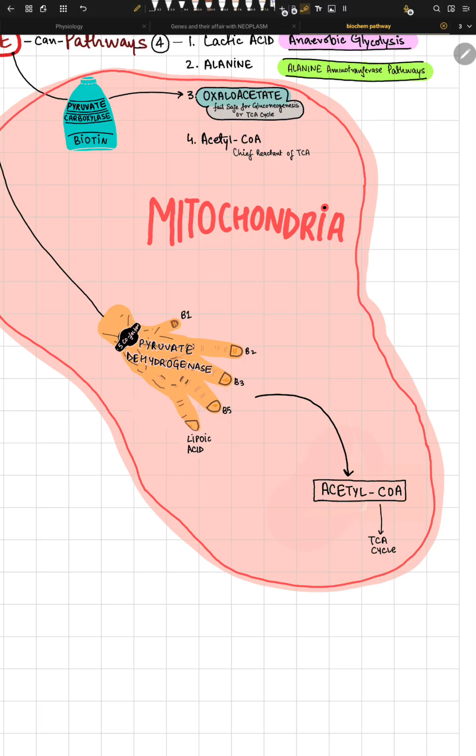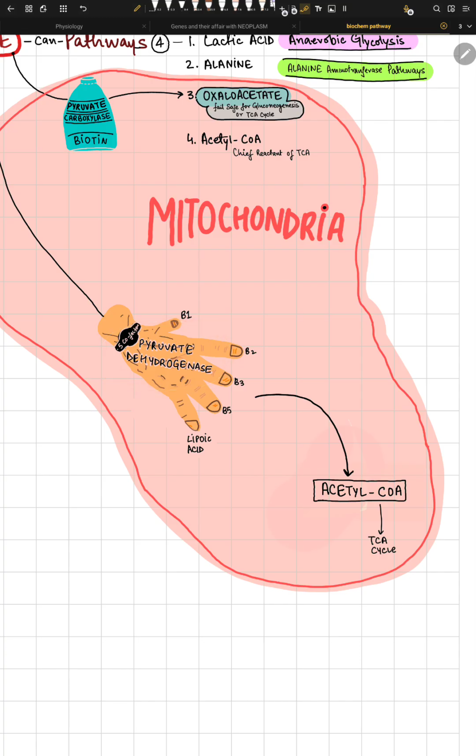For example, I can tell you about lipoic acid. It is one of the most important cofactors that transfers acyl groups, and it plays a big role in redox reactions. So why does it have these 5 cofactors? Because pyruvate dehydrogenase, PDH, does 3 things.